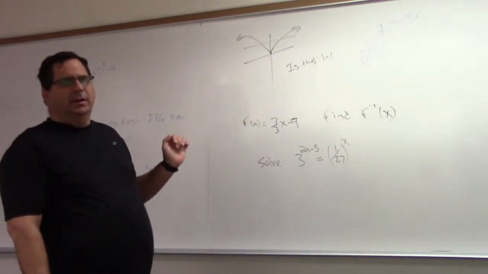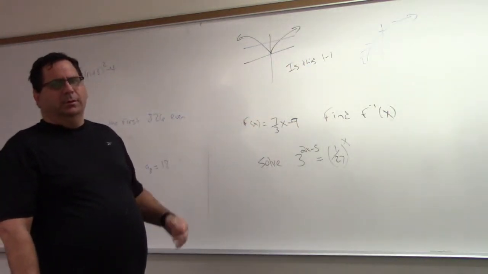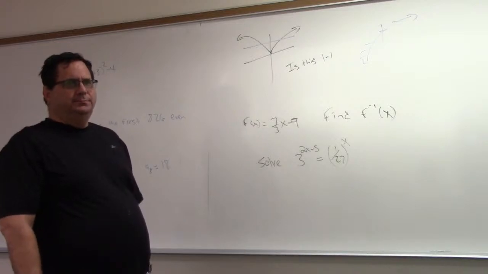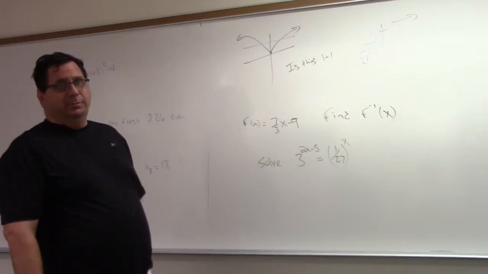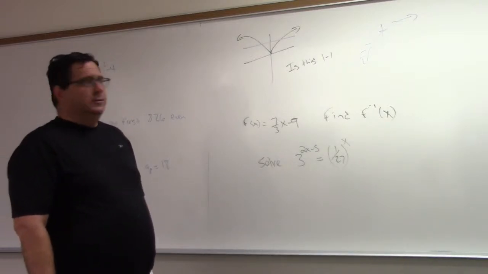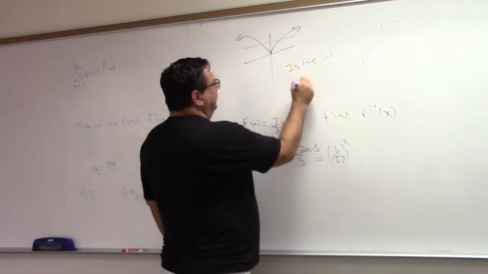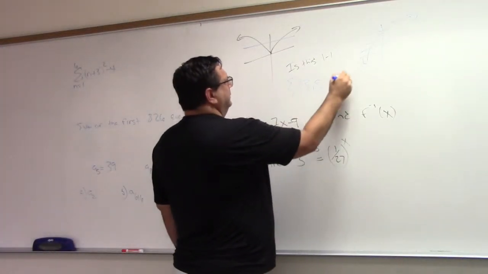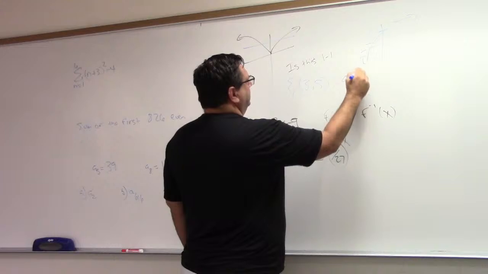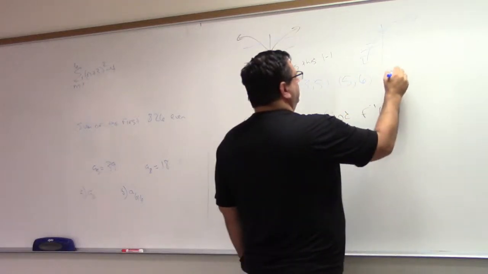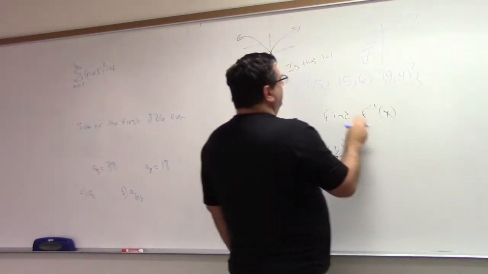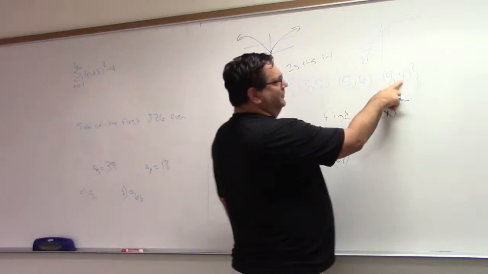All right, so that's what it means to be 1 to 1. Do any of the y values repeat, essentially is what it's asking. Because I could ask that same question, but make it worded in pairs too, right? If there's more than one of the same y, it's not. Yeah, so this is one-to-one because all the y values are different.